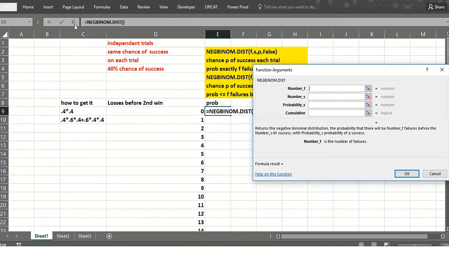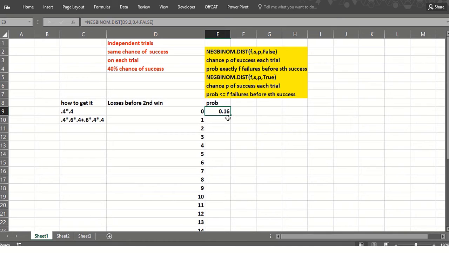We can go to the function wizard. The number of failures, that's the losses. The number of successes we said was 2. The chance of success was 0.4, and we can put in a false or a 0 to give you what's called the mass function. So that'd be 0.16, and we'll see where that comes from in a minute.